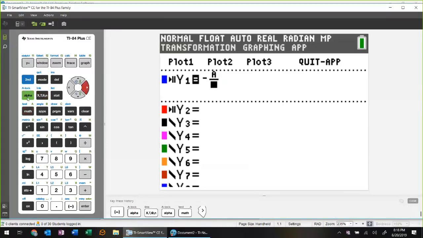Then I'm going to put alpha b in the denominator. There's my fraction, times x, plus, and then I'm going to press alpha x again to get my fraction bar, and I'm going to do alpha c divided by alpha b.